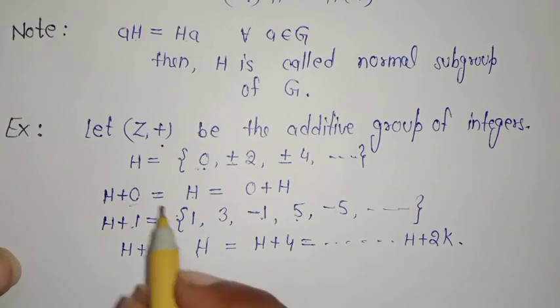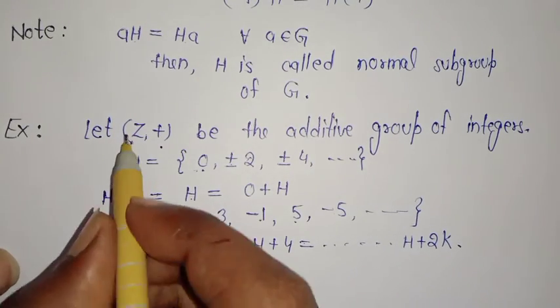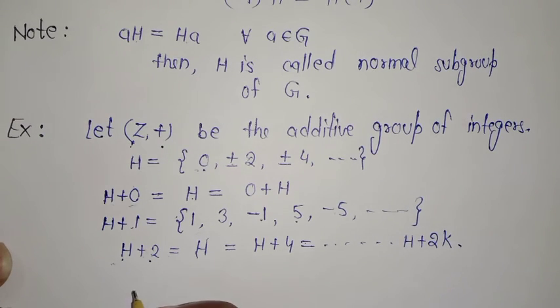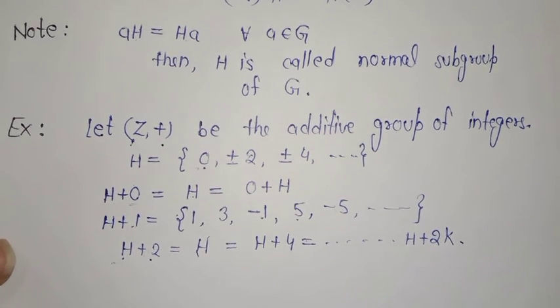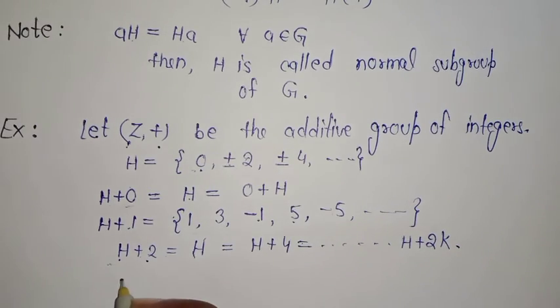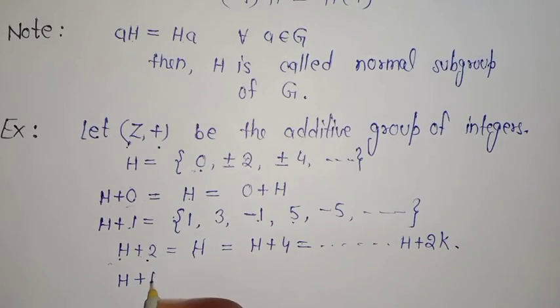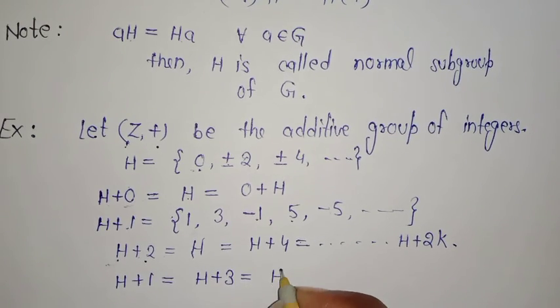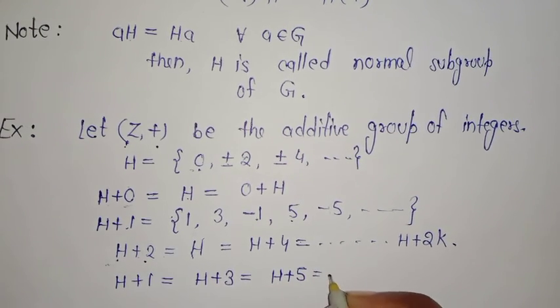Whenever we add any element of the group Z to the subgroup H, all the left or all the right cosets of this form are equal. And similarly for the odd terms, H plus 1 will be equal to H plus 3, which will be equal to H plus 5, and so on.